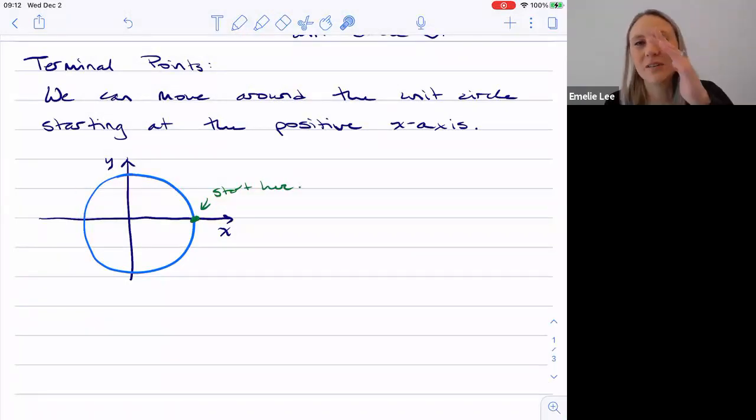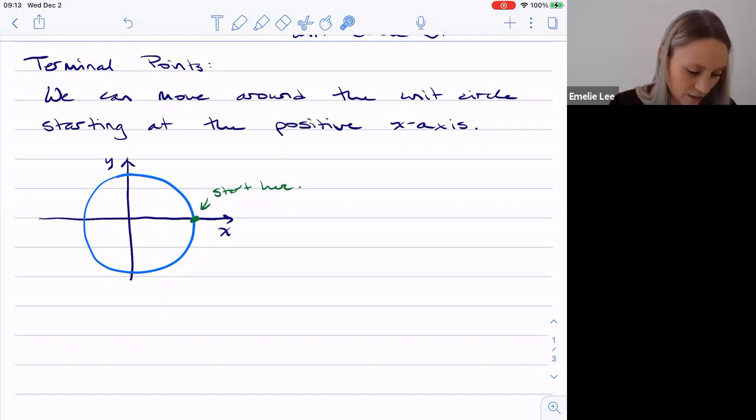And as you might imagine, if we move around the circle, we're going to be talking about moving some angle, right? If you've done trig before, you might remember the struggle with radian and degree mode on your calculator, right? So we're going to head down that path again. But hopefully we'll be able to keep track of which is radians and which is degrees. If you have to be in degree mode, there will be a little degree indicator on the angle.